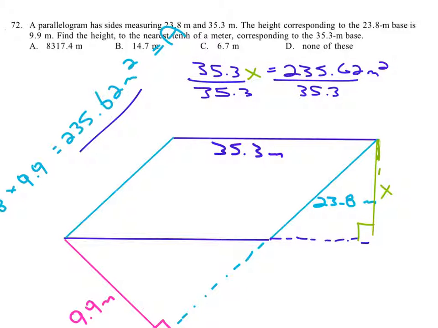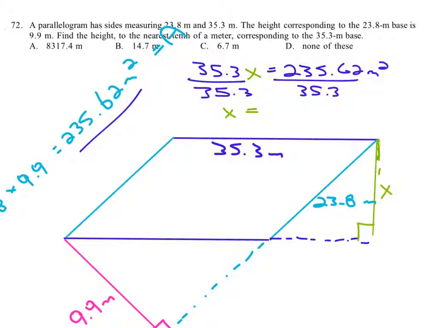Now we need to divide both sides by 35.3 to find out what x is. What do we get when we do 235.62 divided by 35.3? We get approximately 6.67.